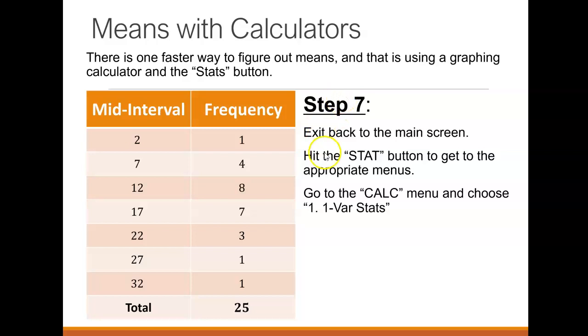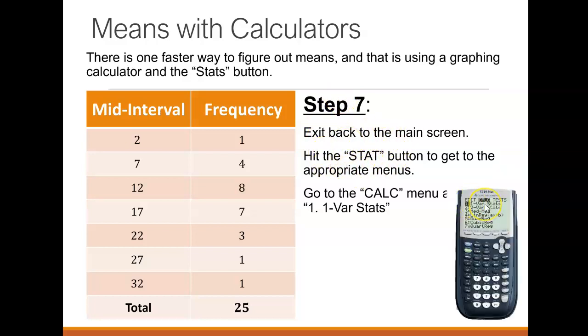And then you're going to go back to Stat. You're going to move over to the Calc menu, or tab, I should say, and pick the command 1-Var Stats. That stands for one variable statistic, because our one variable is the shoe size, right?